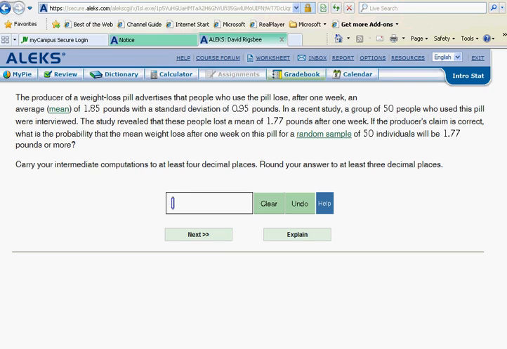Here we go. The producer of a weight loss pill advertises that people who use the pill lose after 1 week an average of 1.85 pounds with a standard deviation of 0.95. In a recent study, a group of 50 people, now here's the difference.